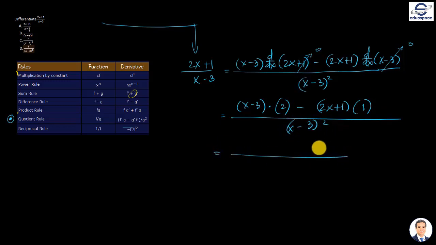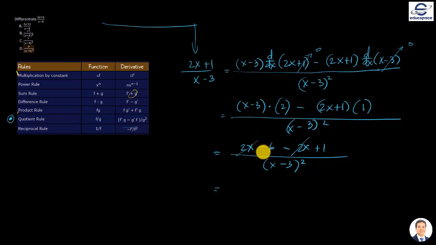So therefore, we can simplify this. That is 2x, okay, minus 3 multiplied by 2, minus 6. And then here, we have 2x plus 1 and then (x minus 3) squared. Alright, and then we simplify. So 2x minus 2x, this will cancel out.